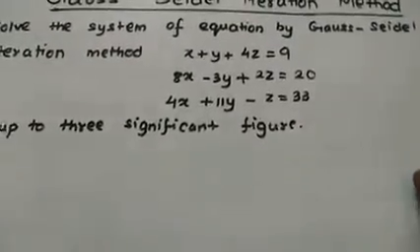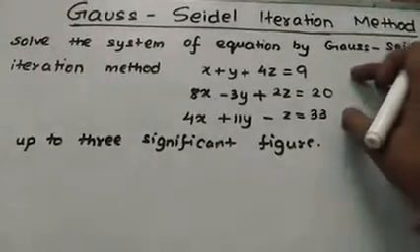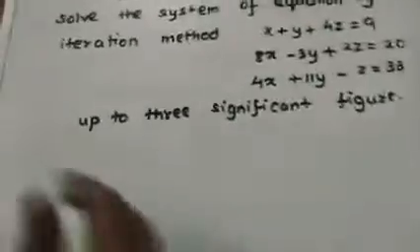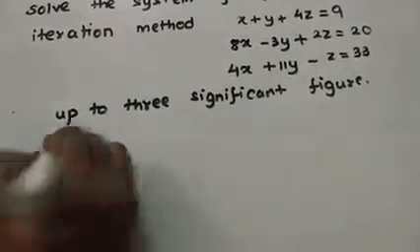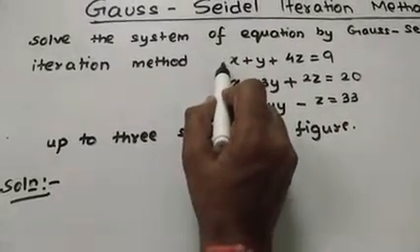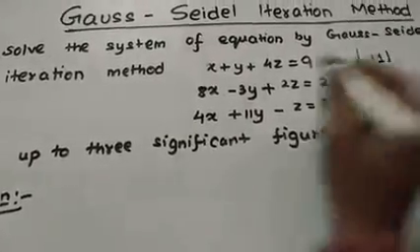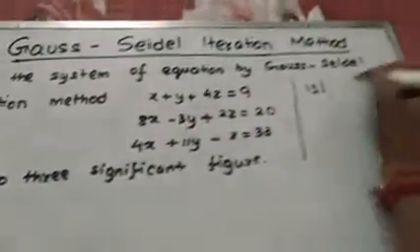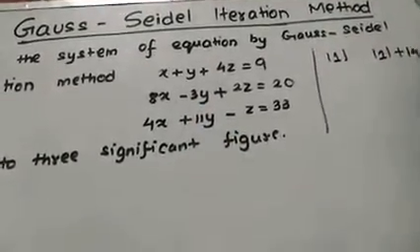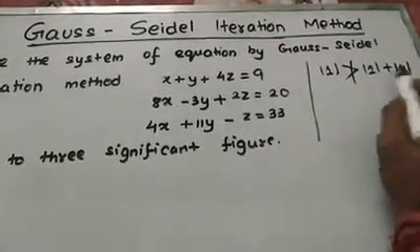First of all, for the solution part, we have to check whether the given system of equations is diagonally dominated or not. So let us write the solution. From the first equation we can see that the diagonal element is 1, and the other coefficients are 1 and 4, which add up to 5.